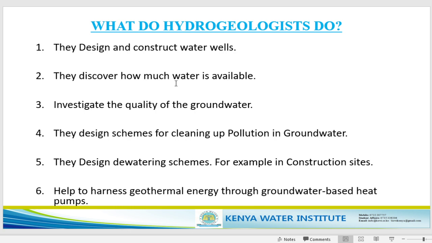Number four, they design schemes for cleaning up pollution in groundwater.